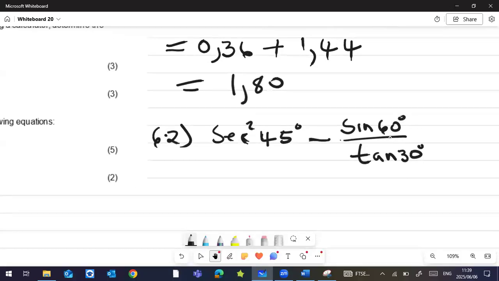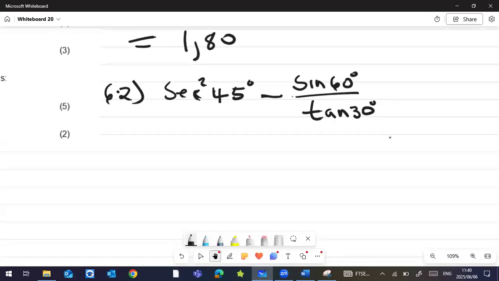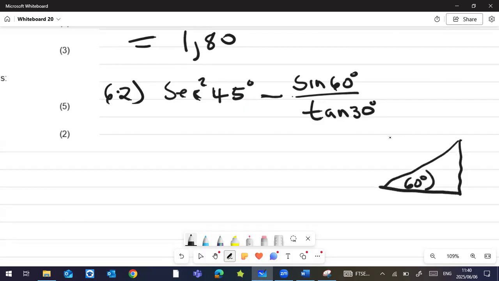Now, allow me to draw those special angle triangles. Now, we will have the one of 60 and 30. If this is 60 here, we have 30 there, and 90 degrees. We must know that the sides will be square root 3, 1, and 2.